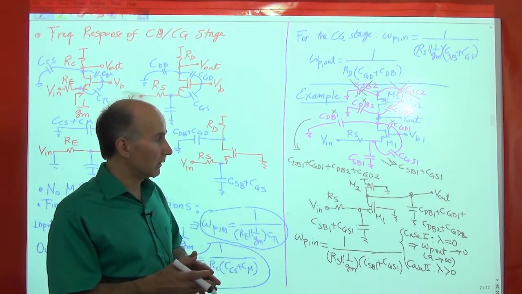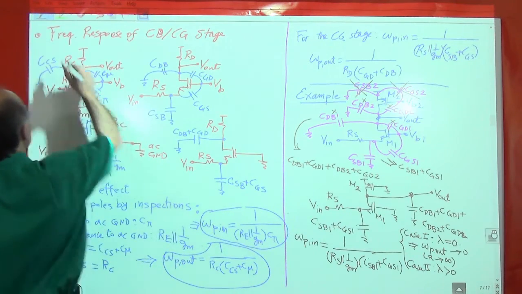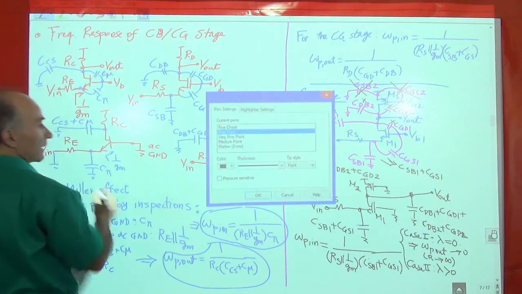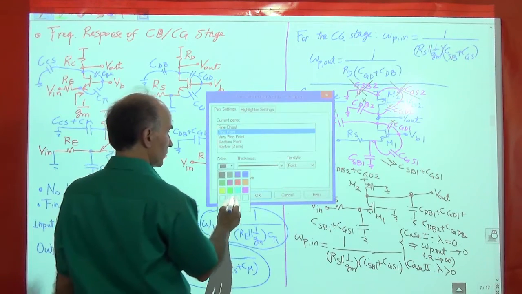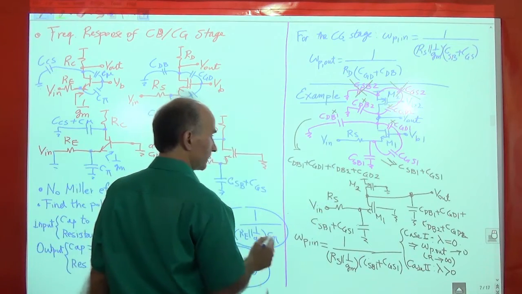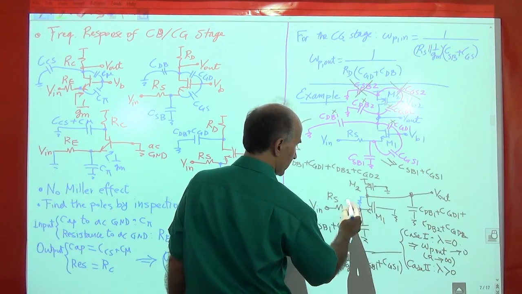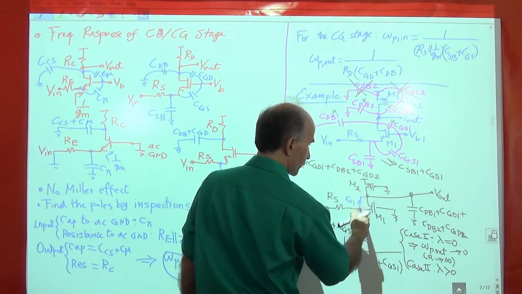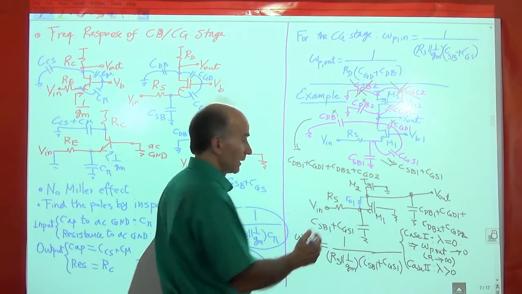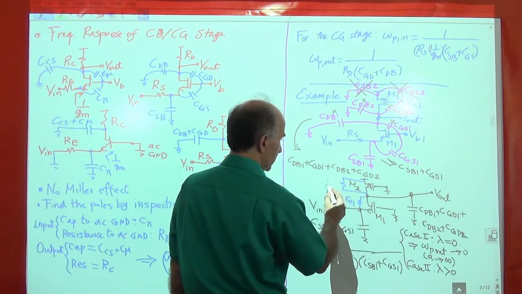Okay, so now let's go ahead and just draw that resistance in here and see what happens. Let me change the color of the pen to maybe this color. Okay, so we have RO1 here between the drain and source of M1, and then we have RO2 here between the drain and the source of M2.